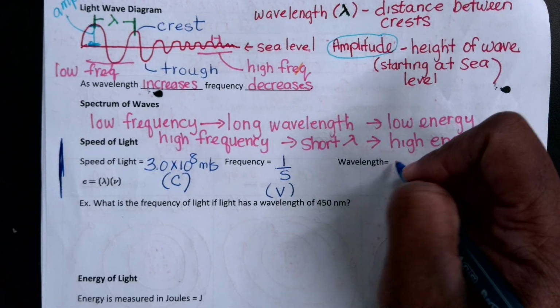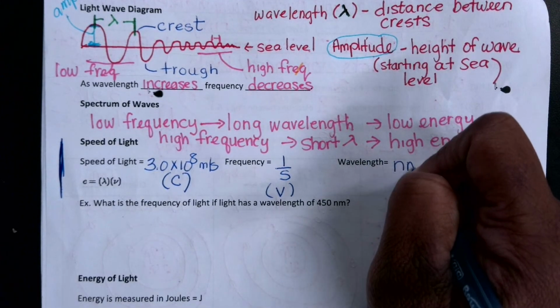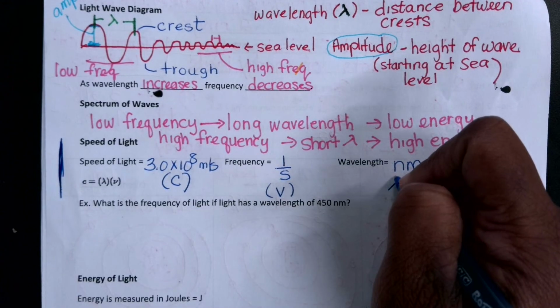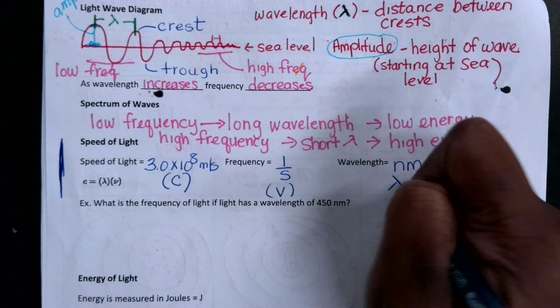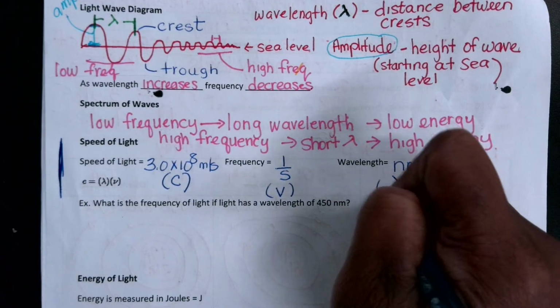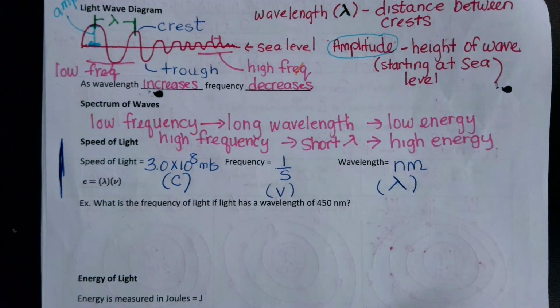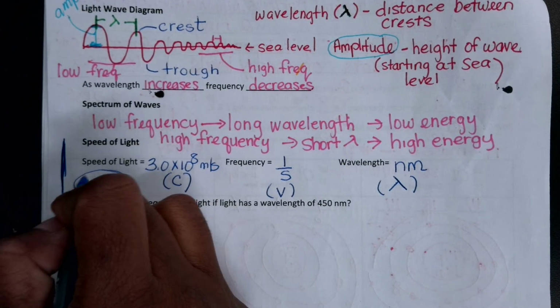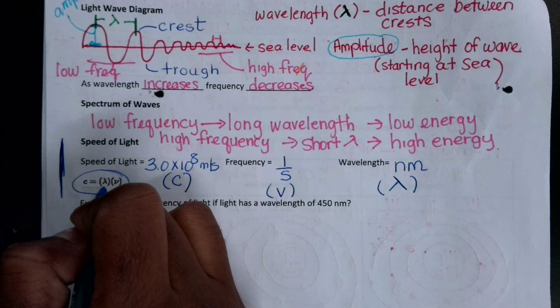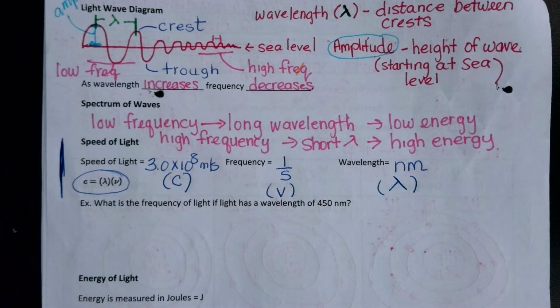And wavelength, the unit is in nanometers. And you'll see that upside down or slanted Y symbol. So there's going to be a formula that we're going to use right here where they're going to give us one of these and we find the missing one.